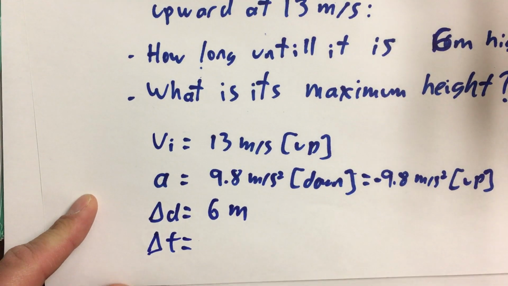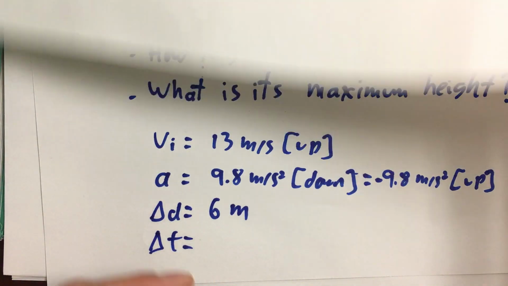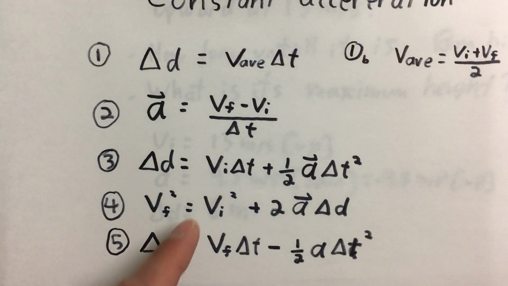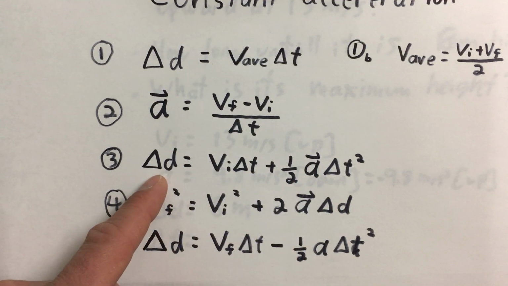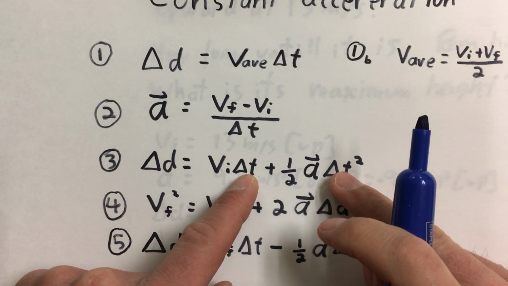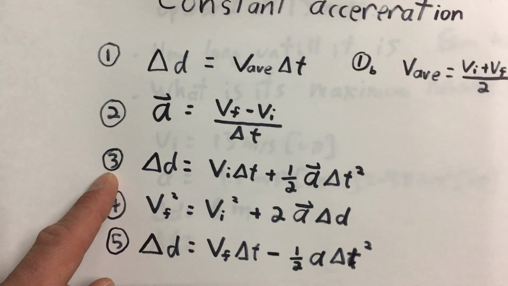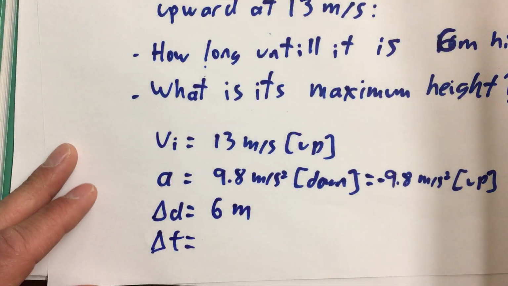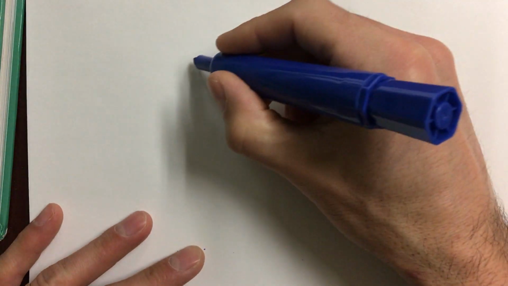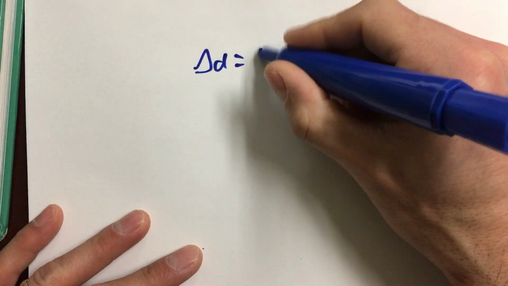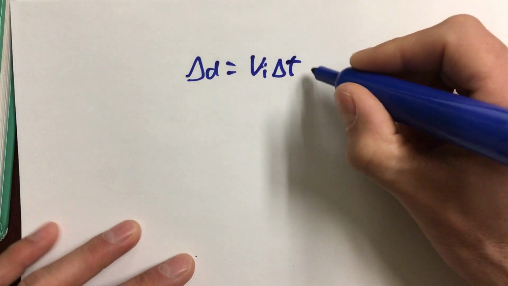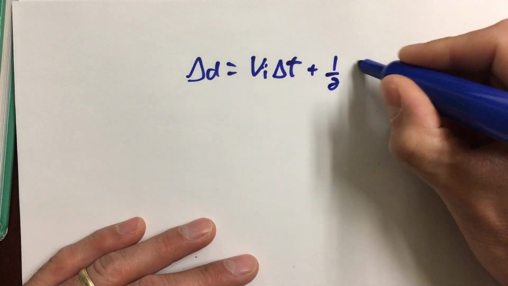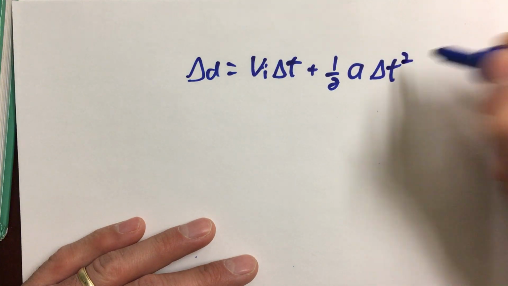So let's find an equation that involves those 4 variables. I'm going to use equation 3. So my equation is displacement is initial velocity times time plus half acceleration times time squared.